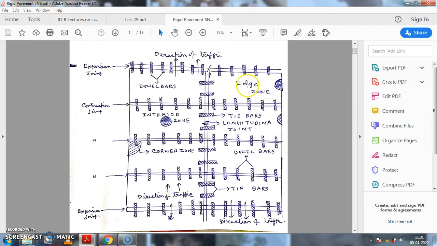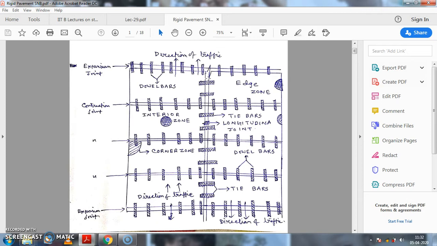For that particular case, we have to provide a joint. So this one is known as longitudinal joint. Another importance is that this longitudinal joint acts as the leveling medium for the left slab and right slab. This longitudinal joint tends to fix the slab at the same level.